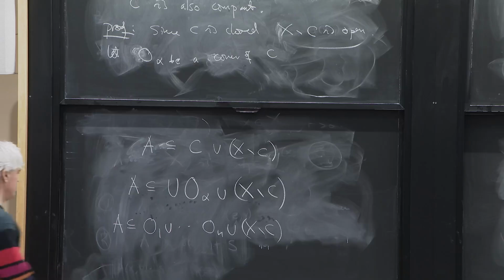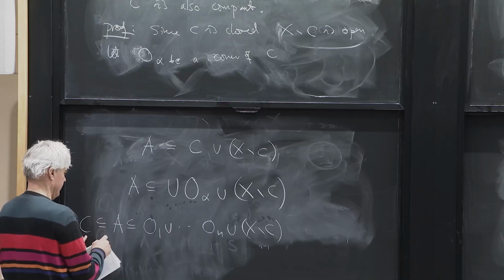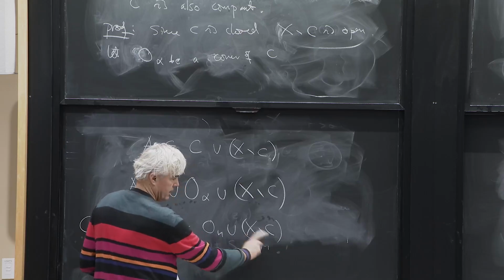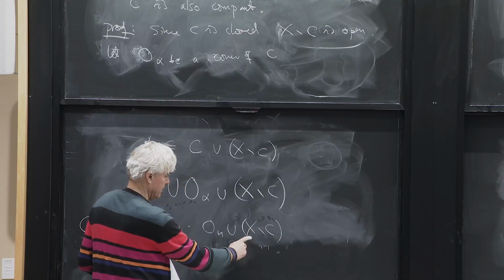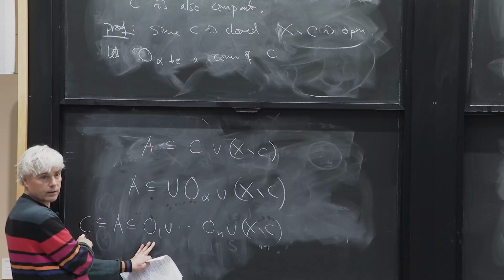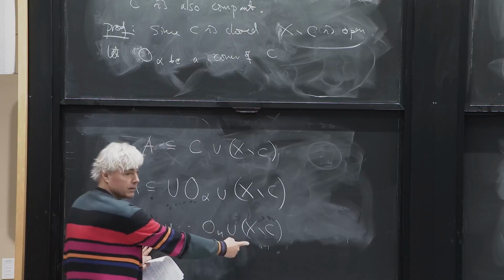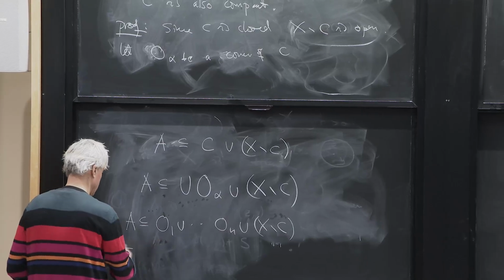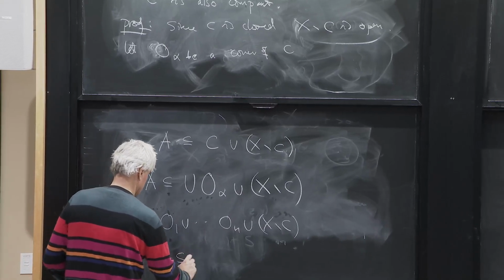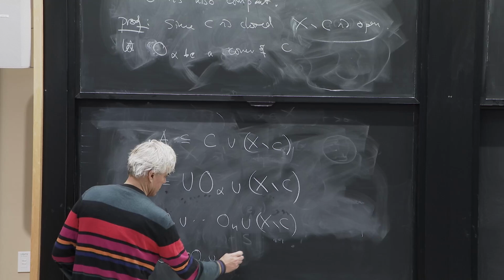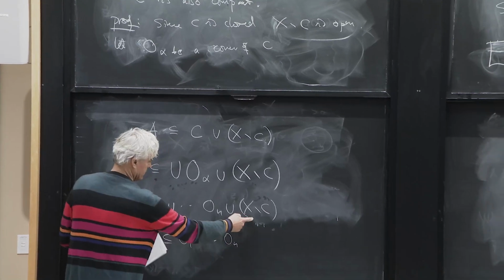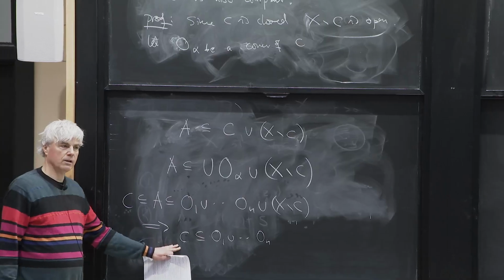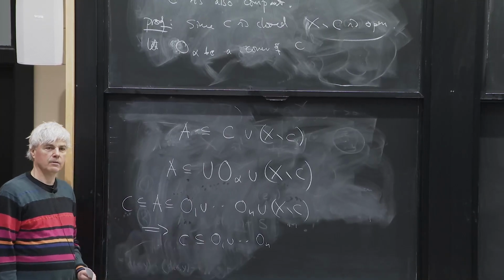But C is contained in here. This here was not part of the cover, but it's not needed if you just want to cover C, because this set does not cover anything in C. So this implies that C must be contained in O1 union up to ON. So this proved that there was a finite subcover that covers C.